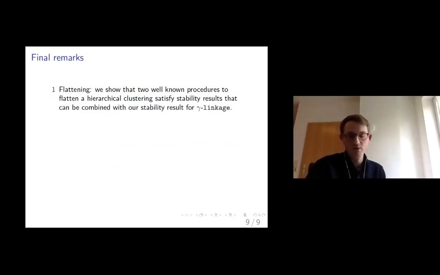We studied a couple of well-known procedures to do this and show that they have stability results that can be combined with our stability result for gamma linkage. So they can be stated using the same metrics that we use on hierarchical clusterings. This is one of the main motivations for studying the stability properties of hierarchical clustering algorithms.